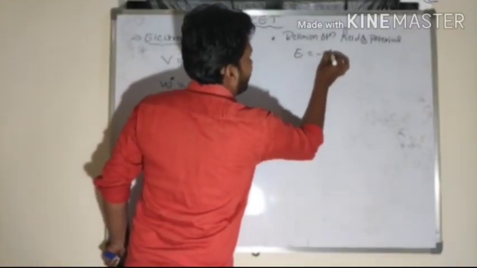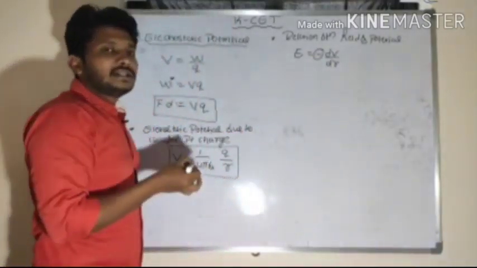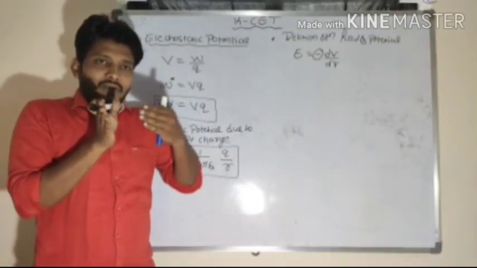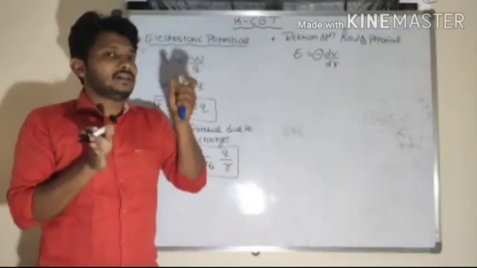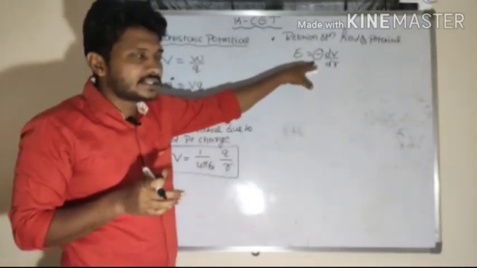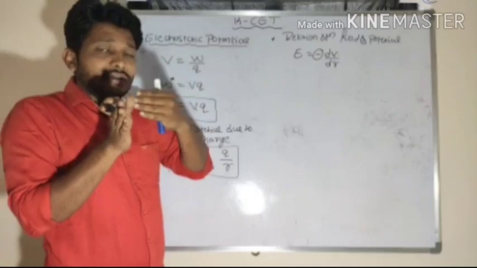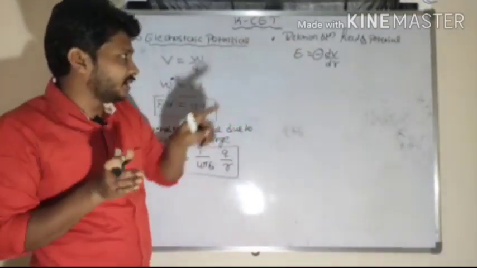E is equal to minus dV by dr. What does that negative sign signify here? The negative sign indicates that the electric potential value goes on decreasing along the direction of the electric field.